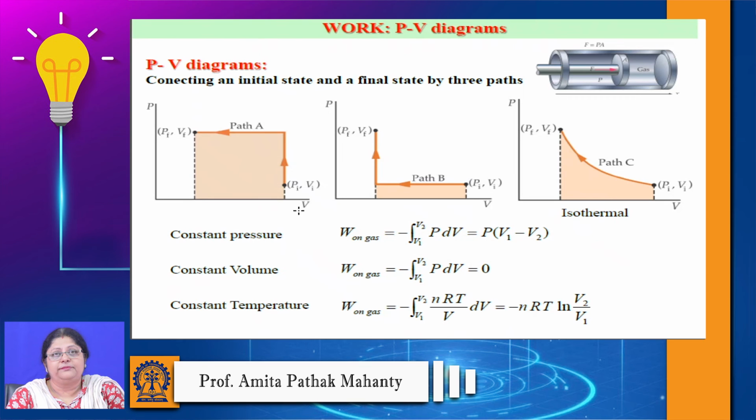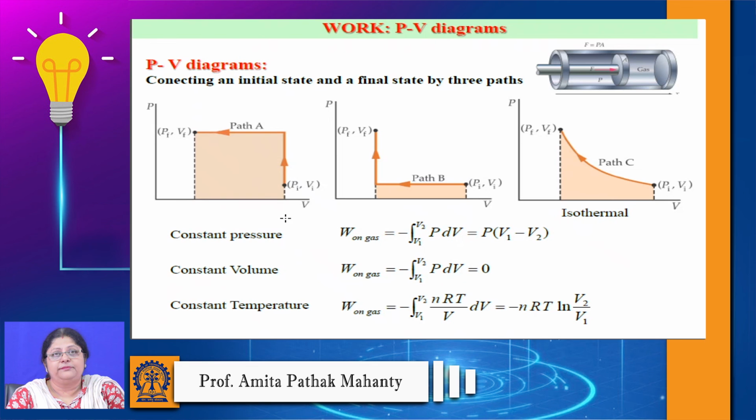Here, is V2 greater than V1 or V1 greater than V2? When you are holding the pressure constant, what has to be changing? You have to integrate between V1 to V2 with the negative sign. If you take out the negative sign, it is P times V2 minus V1. I think these are things you should do yourself.